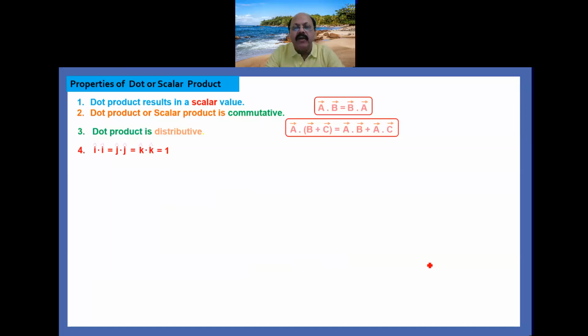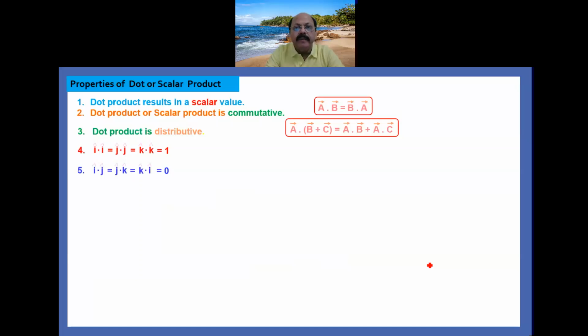Similarly, when you take the dot product of a unit vector with itself, you will get i cap dot i cap equal to 1, j cap dot j cap equal to 1, k cap dot k cap equal to 1, because the magnitude of the unit vector is 1.